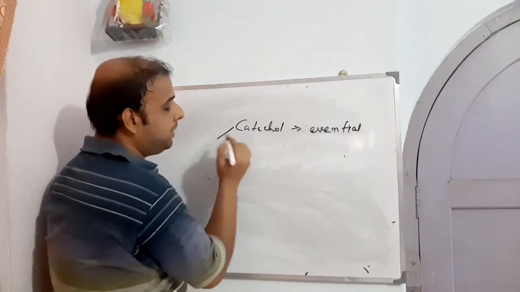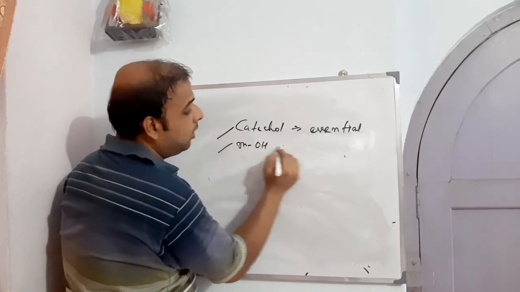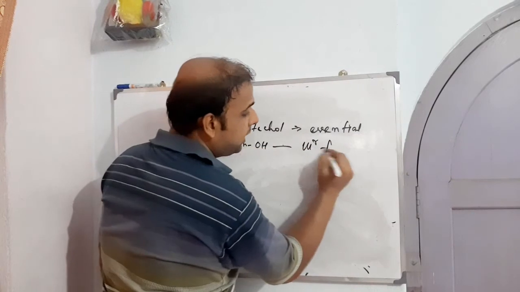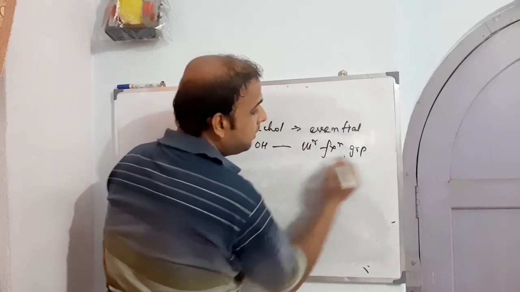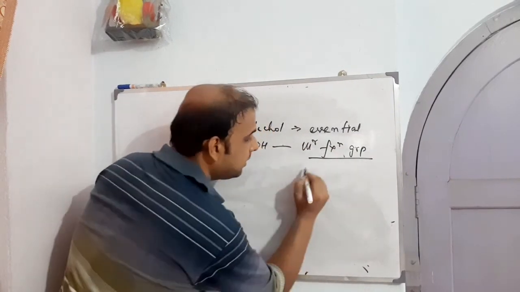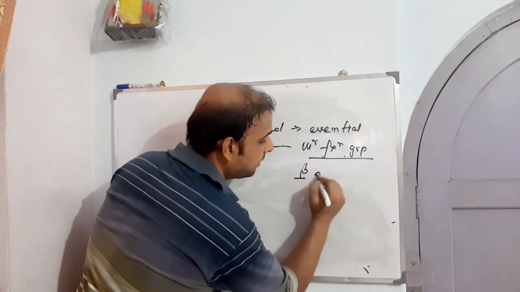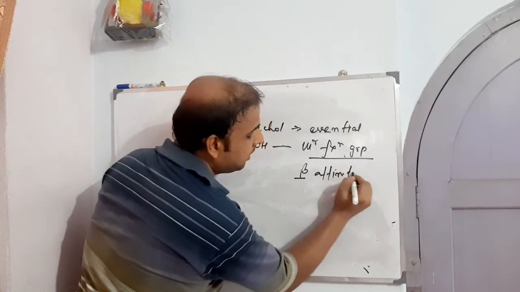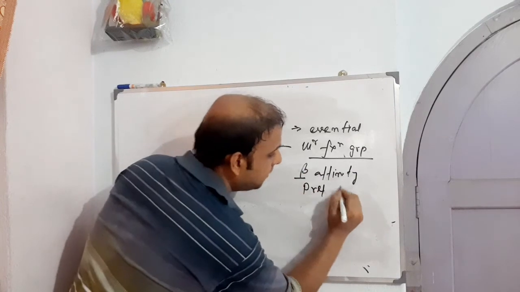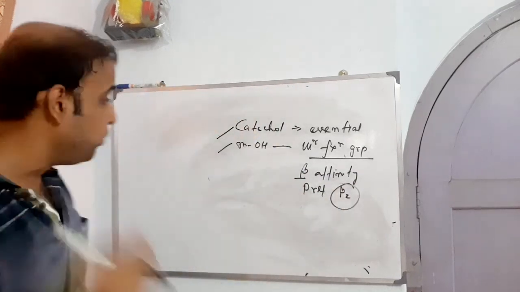Then, meta-hydroxy of catechol replaced with similar functional groups results in beta affinity growing, preferentially the beta 2 receptor. We are after the beta 2 receptor, right?